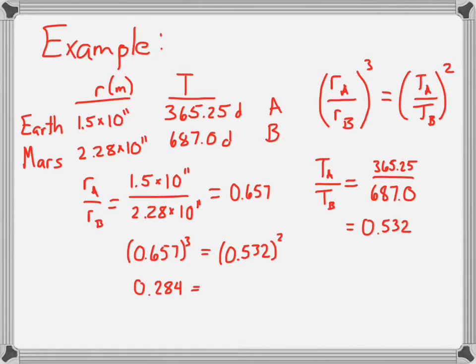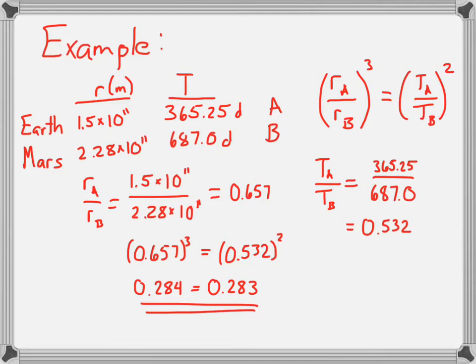And then when I evaluate the thing on the right, 0.532, and I just have to square that, I get 0.283. Oh my goodness. Somewhere along the way, I got a little bit of a rounding error. But I hope it demonstrates to you that it's very, very close, if not equal. So Kepler's third law really does work for Earth and Mars.